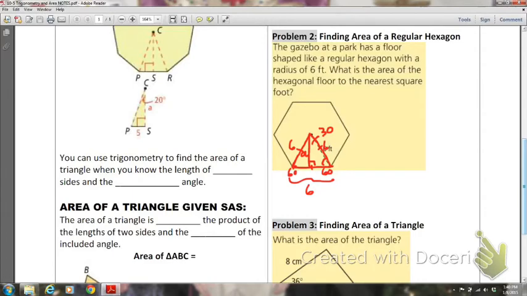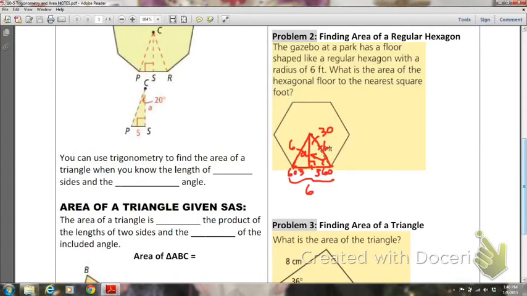If it's 6, each one of these is bisected into 3 and 3. We could also look at it that way. So there's lots of options that we have here to do this. But from the perspective of the 60-degree angle, we'll just go that way. The apothem is the opposite side from that 60, and the 6 is the hypotenuse.